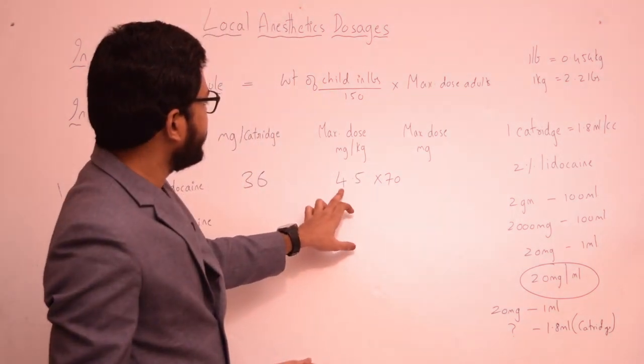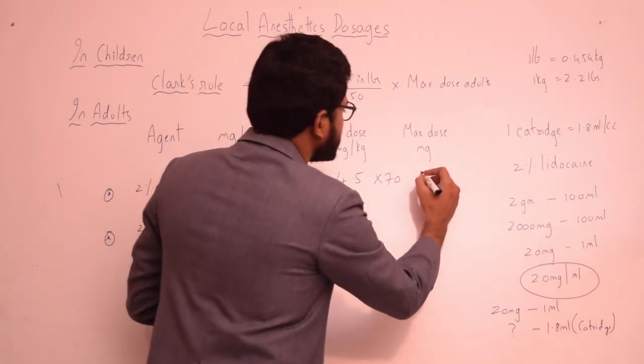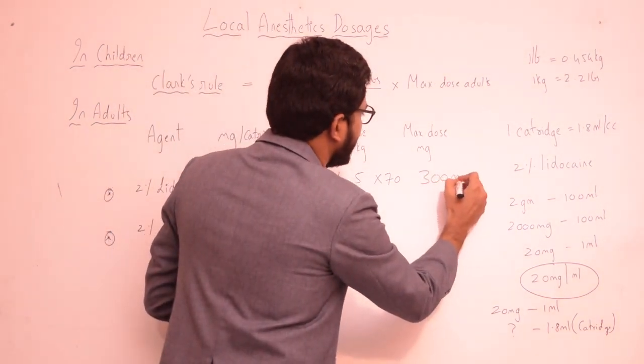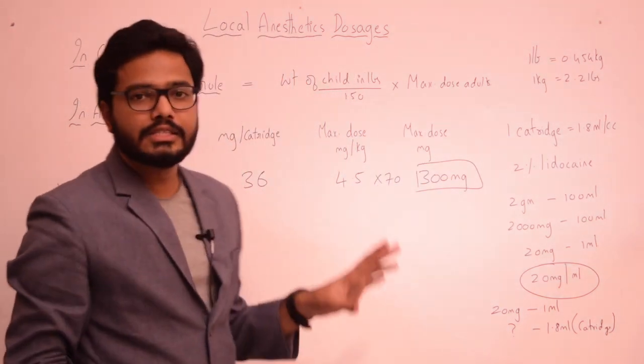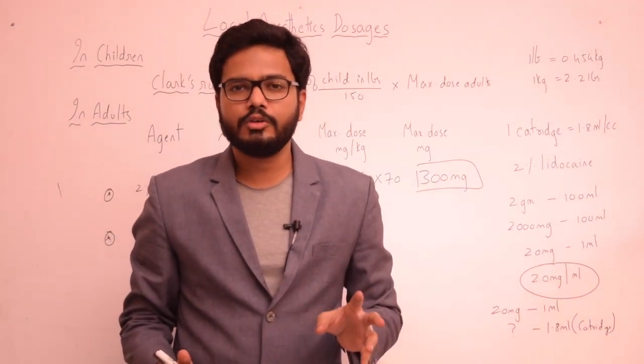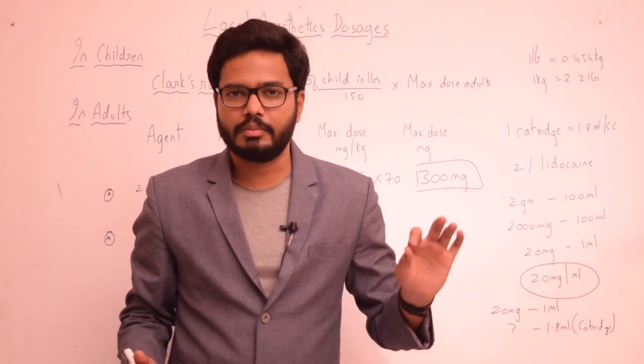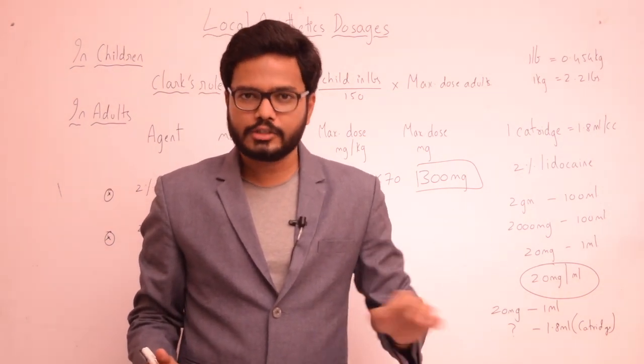So 4.5 into 70 gives approximately 300 milligrams. So 300 milligrams is the maximum dose of lignocaine, 2% lignocaine, that can be safely administered to a normal adult. Hope it's clear.